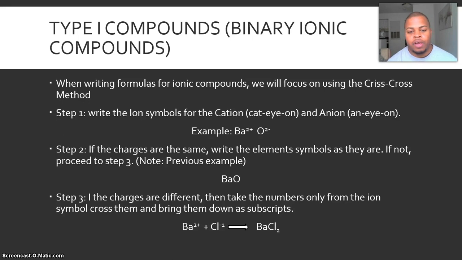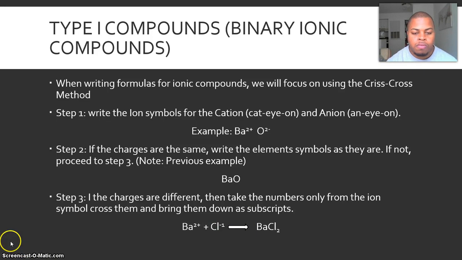Now, what do we do if the charges don't actually match up? We have to go a step further. That step further is going to be, we're going to take the symbol here, Ba2 plus, but now we have chlorine, which is a Cl minus 1, or 1 minus. What we're going to do is we're actually going to cross and bring them down.